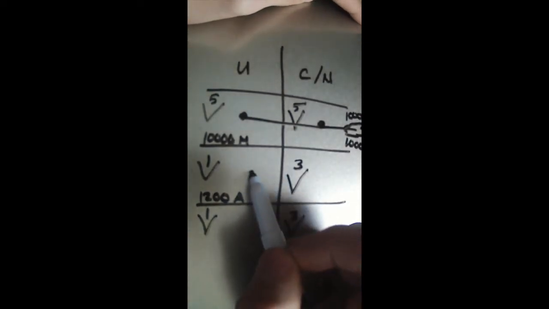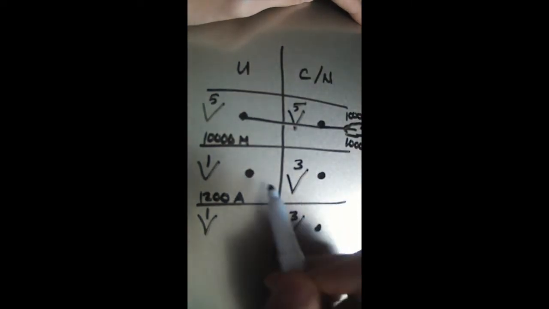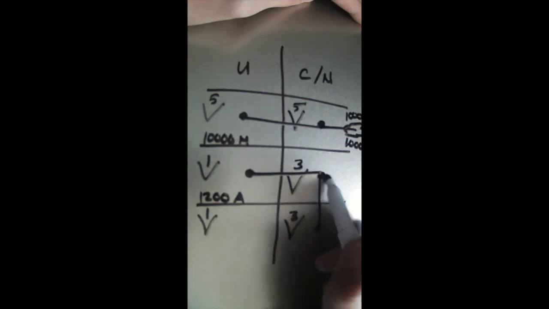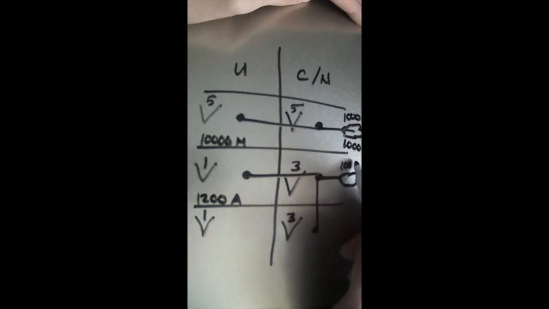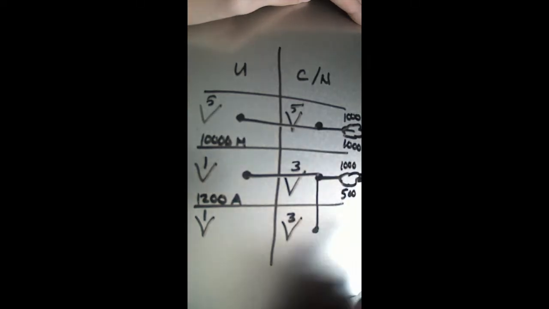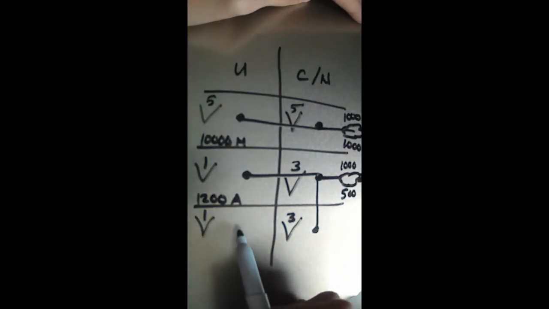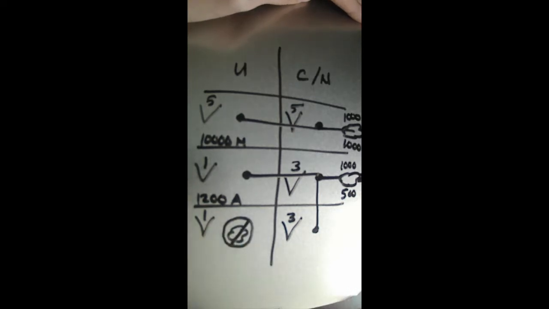Down here we're going to connect these 3. Put our cloud there. We'll put 1,000, 500, and 2,000. This is 1,000 feet above, 500 feet below, and 2,000 feet horizontally. That only leaves 1 space in our grid, and we'll draw a cloud there, and we'll just put a no over that. Means clear of clouds.